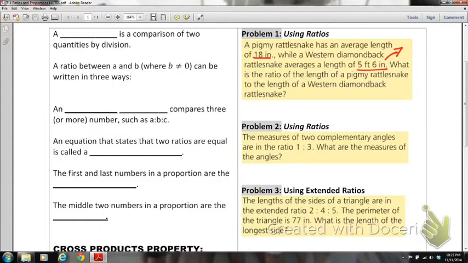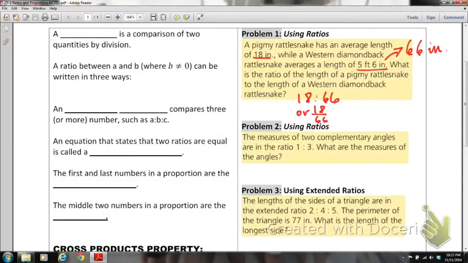So 5 feet is 5 times 12, which is 60 inches plus 6 inches. That's going to be 66 inches. So now we can compare these because we're talking inches to inches. Now we have 18 inches compared to the 66 inches, which is like a fraction. You could also have said it was 18 over 66.